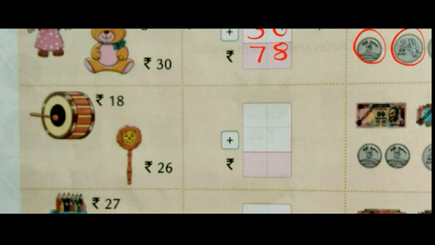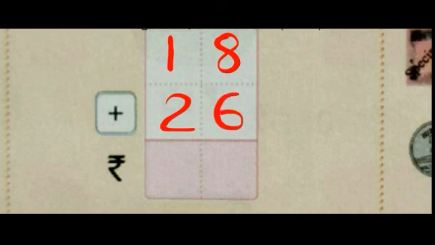Now here, the drum is for 18 rupees and the other toy which we can see here is for 26 rupees. First, find the total cost. Okay, so we will write the cost here first. 18 plus 26. Now add it. 8 plus 6 will give you 14.